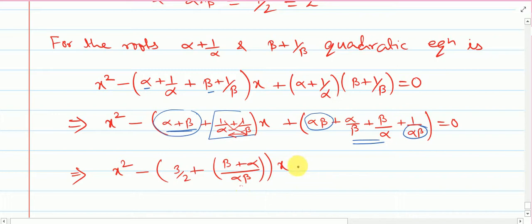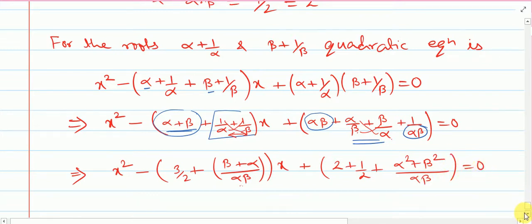Okay, and here for alpha into beta I can write 2, and 1 upon alpha into beta becomes 1 by 2. So let us bring it over here, and here what we can do, this alpha will multiply here, so alpha square, this will multiply over here, so plus beta square, and this beta into alpha, you get alpha into beta equal to 0.